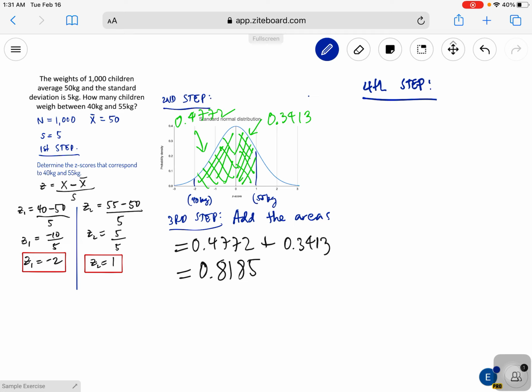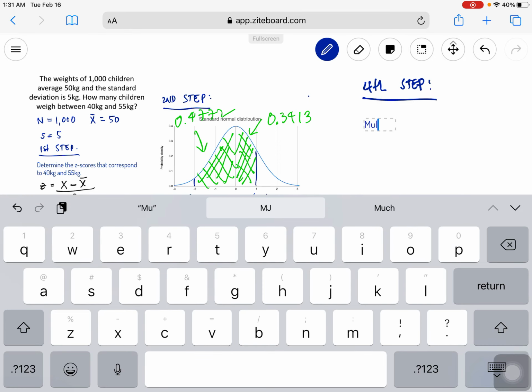So we have to multiply the area with the total number of children.